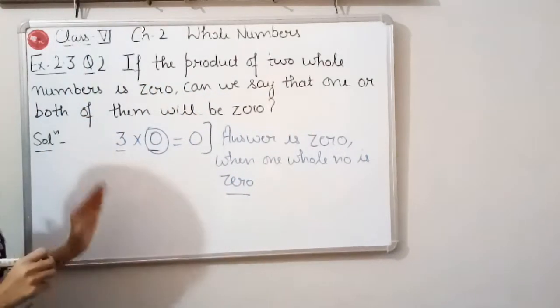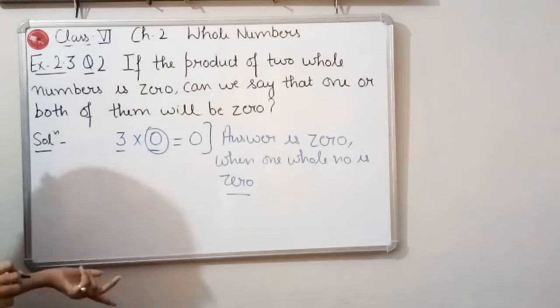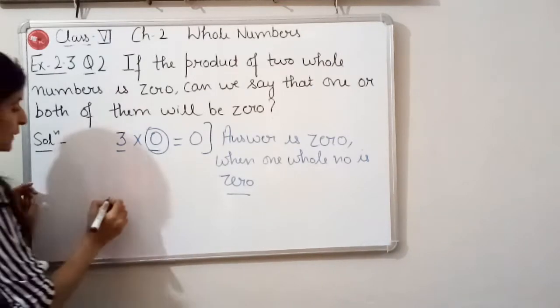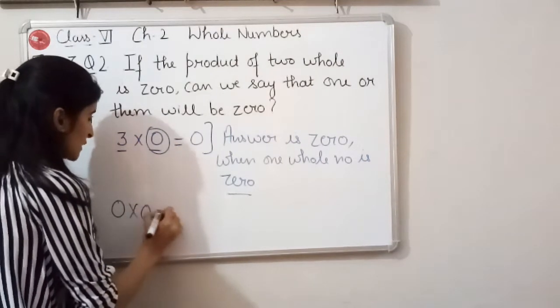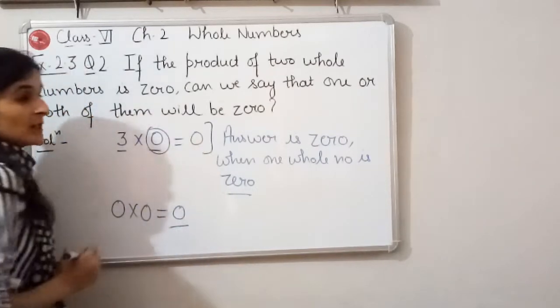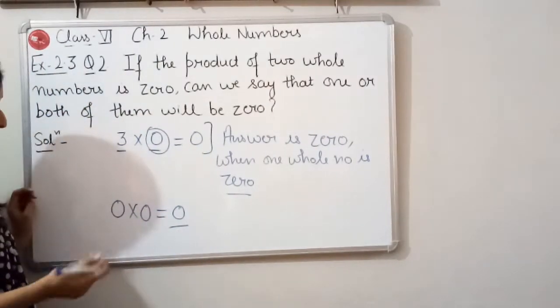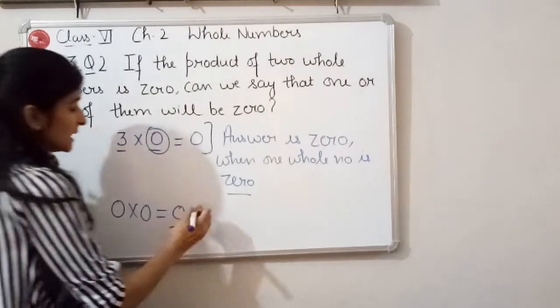Now we have to check that both of them will also be 0 or not. If we are multiplying 0 by 0, then again our answer will be 0. Yes, because 0 multiplied by 0 is 0.